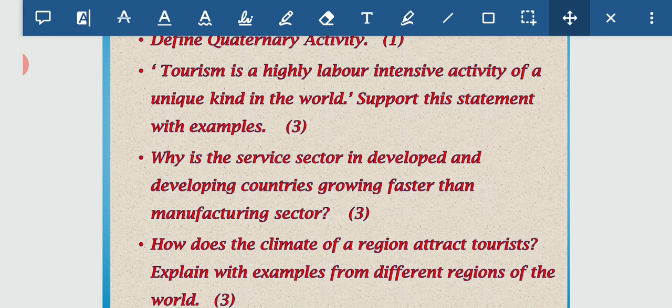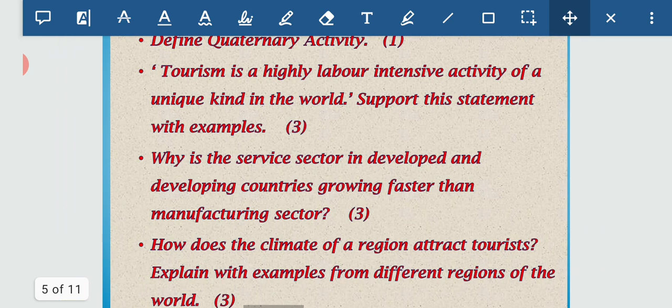And thirdly, people who are staying in warm climatic conditions are much more attracted towards mountainous areas because over there the climatic condition is quite cool. So in this way, you take examples of the three different types of climatic conditions of the entire world, and you have to jot down the answers by giving the examples.